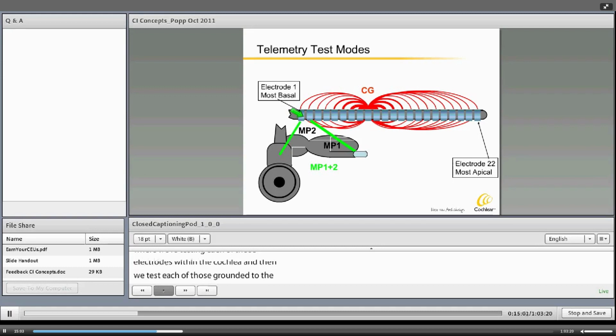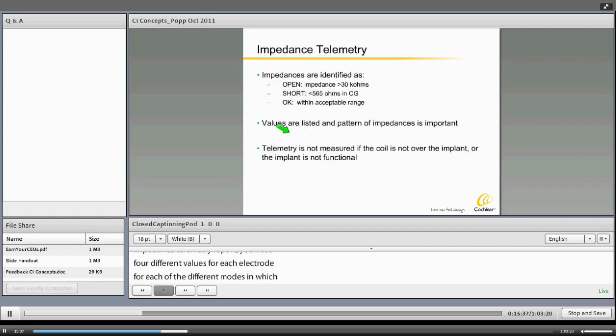We then test each of the intracochlear electrodes grounded to the MP2 electrode, and finally we test each of the intracochlear electrodes to the MP1 plus 2, where we're tying both of these ground electrodes together, and that is the mode in which the devices are programmed. And so when you get the telemetry, the impedance telemetry report, you'll see 4 different values for each electrode for each of the different modes in which the impedance has been tested.